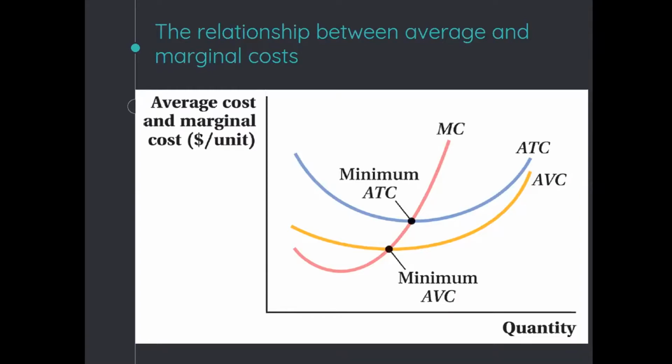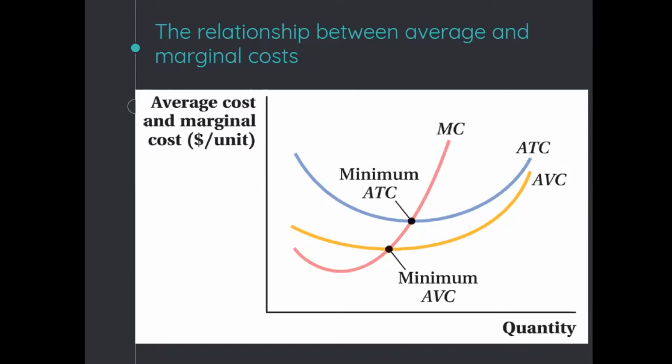The x-axis of this graph is the quantity that you're producing, from 0 on the left to infinity, or a very big number, to the right. And the y-axis is basically just money. As you see, there are two points there. What happens in most firms is that the marginal cost normally intersects both the average variable cost and the average total cost at their minimum points.